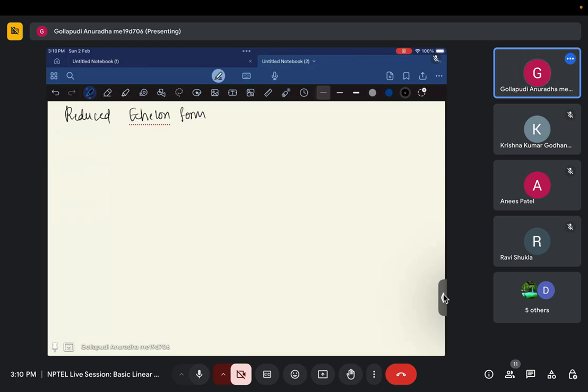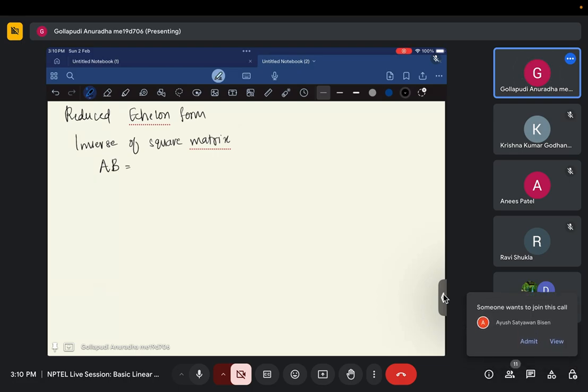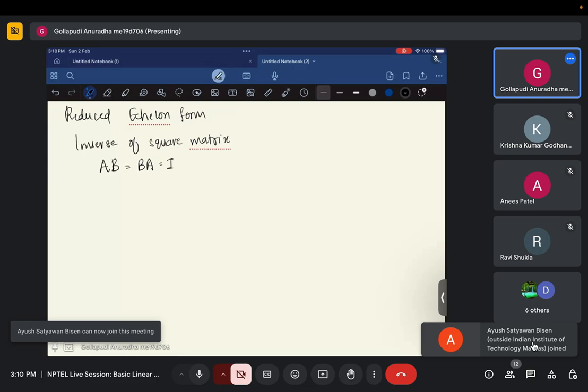Then the inverse of a square matrix was also explained. A square matrix A is invertible if there exists a matrix B such that AB equals BA equals the identity matrix. Here A inverse is unique.